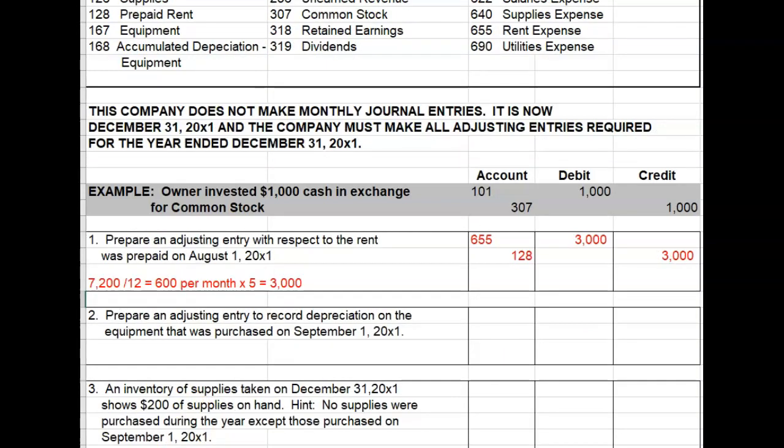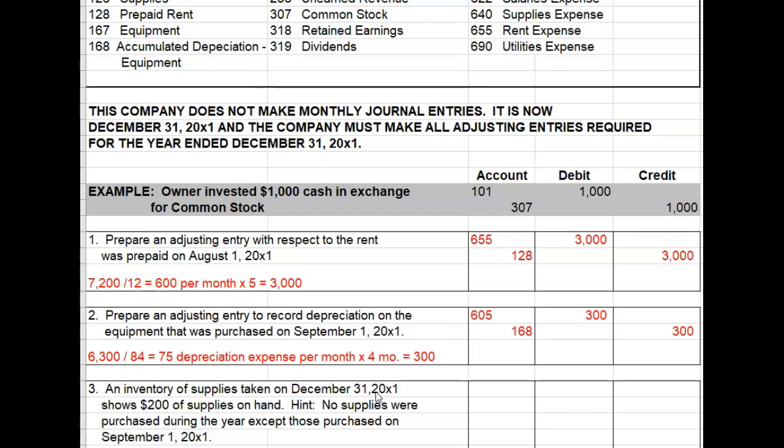multiply it times the number of months that have expired between September 1st and December 31st. Do your calculation right here, and then write your adjusting entry. A $6,300 cost minus 0 salvage value divided by 84 months equals $75 of depreciation expense per month times September, October, November, December, 4 months equals $300 of depreciation expense for the year ended 12/31/X1.